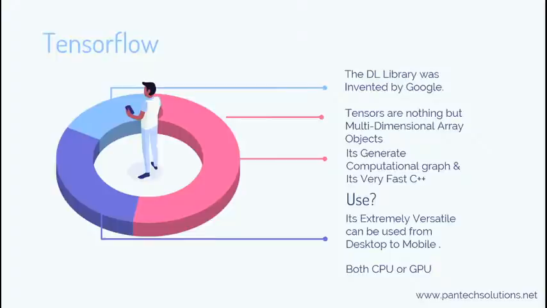It is like a multi-dimensional array. If you want to develop a neural network algorithm, you need the TensorFlow package as a backend. TensorFlow is developed in C++ and is available for both CPU and GPU. According to your PC configuration, you can install it for CPU or GPU, that is your choice.